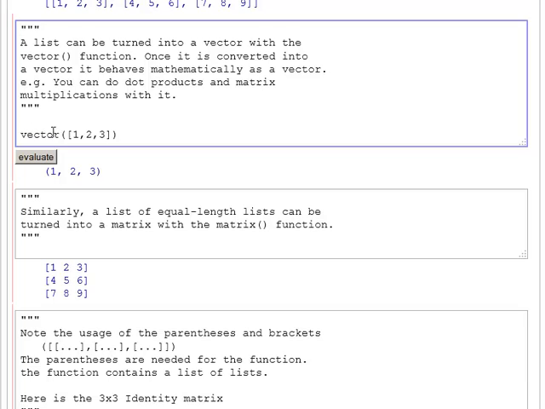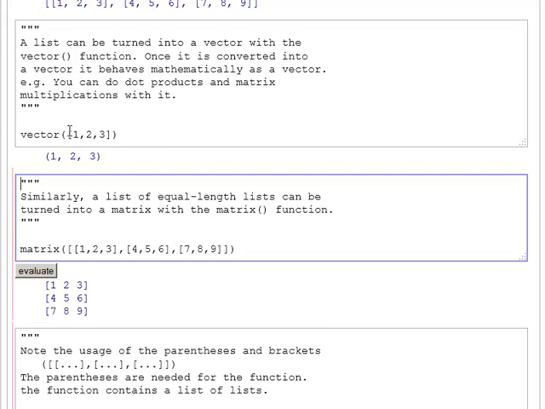So you have vector, rounded parentheses, and then square brackets to enclose your list, and then you end with rounded parentheses. What that does is it produces something that is printed with rounded parentheses 1, 2, 3, but it's an object which internally knows it's supposed to behave like a vector.